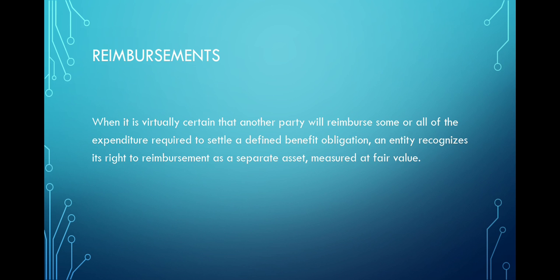And let's go to reimbursements. When it is virtually certain that another party will reimburse some or all of the expenditure required to settle a defined benefit obligation, an entity recognizes its right to reimbursement as a separate asset measured at fair value.